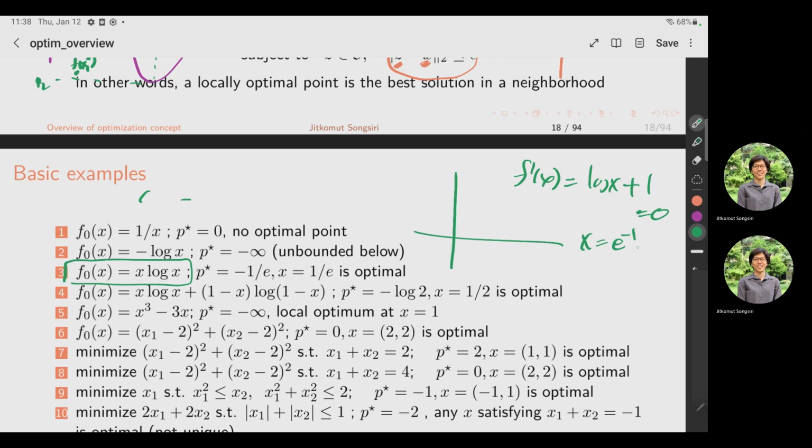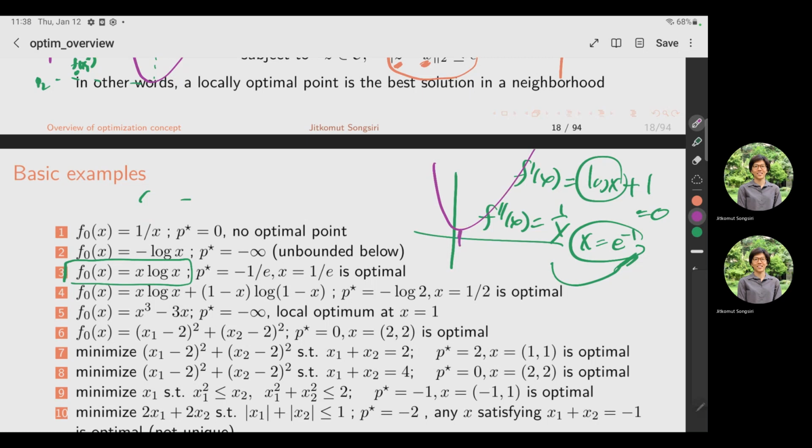This is the point where the gradient is 0. Is it a minimum or maximum? You go for the second derivative, which is 1 over x. If you plug this in, 1 over x, of course, is positive. So that x is a minimum. Of course, if you plot it, it's going to look like there's a minimum here.